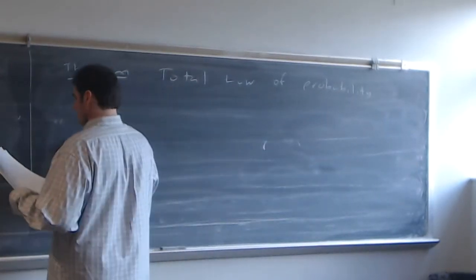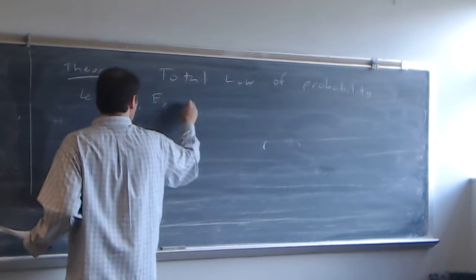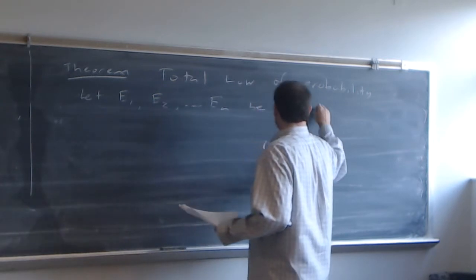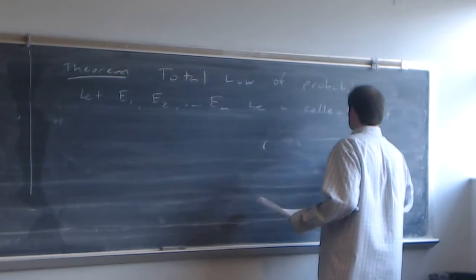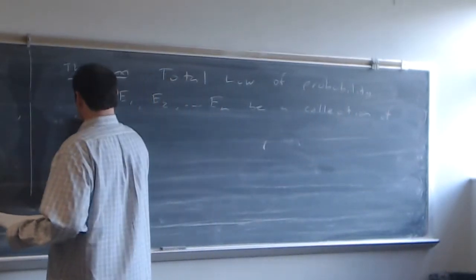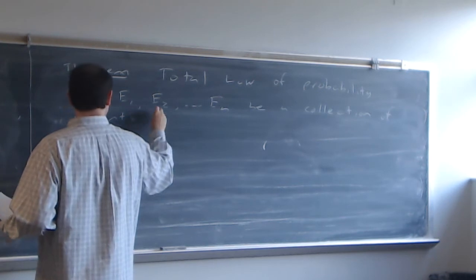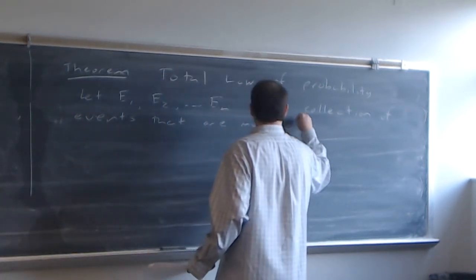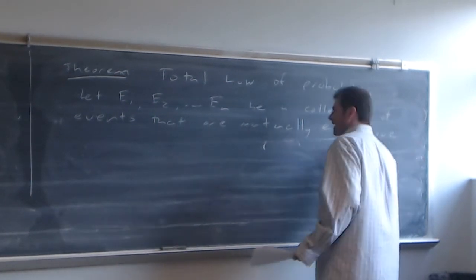It says, let E1, E2, all the way up to En be a collection of events that are mutually exclusive and exhaustive.